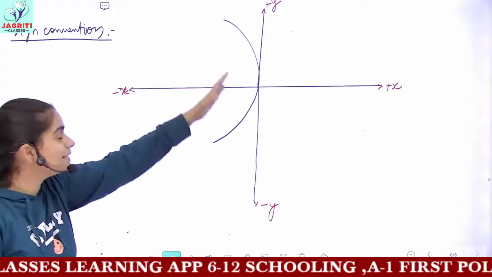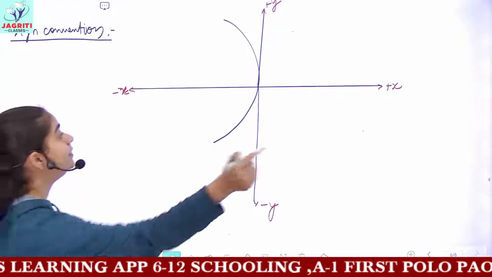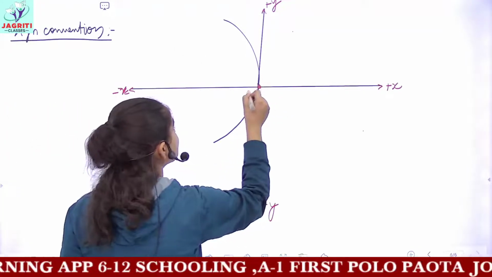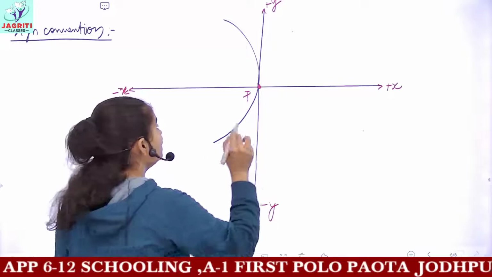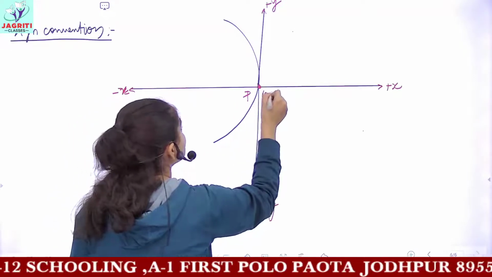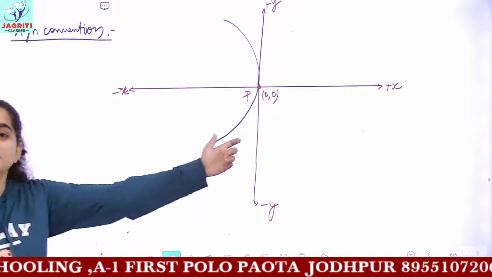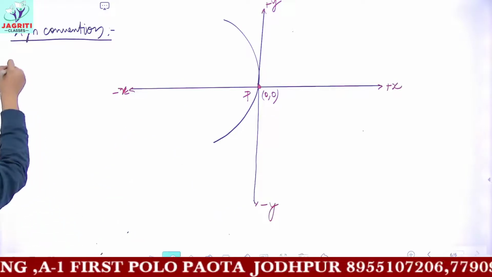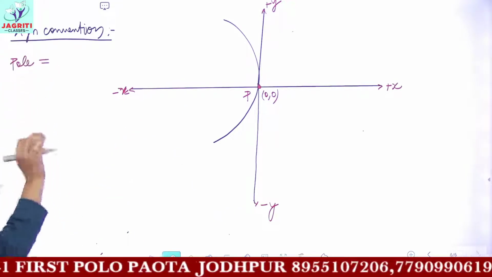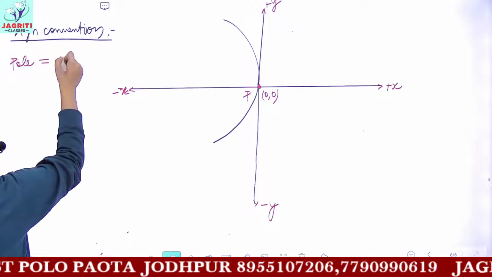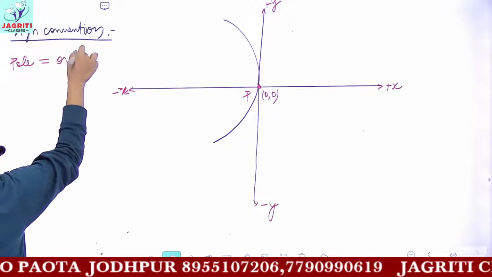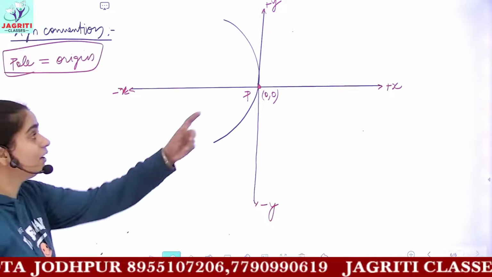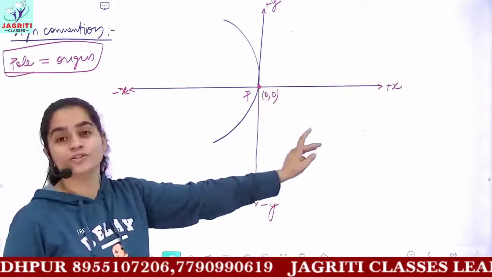And when we place a mirror, it is considered that the pole of the mirror is present at the coordinate 0, 0. That is, the pole of the mirror is assumed to be present at the origin, that is at 0, 0.